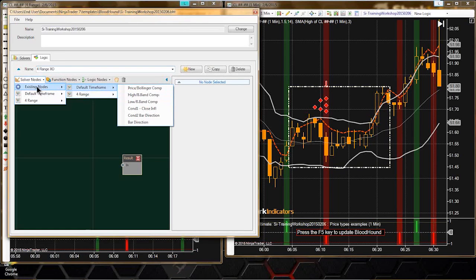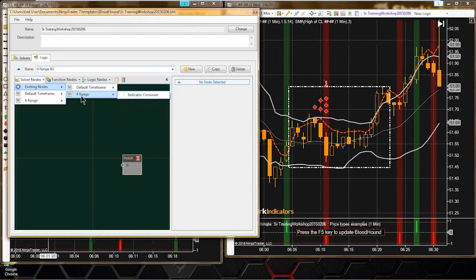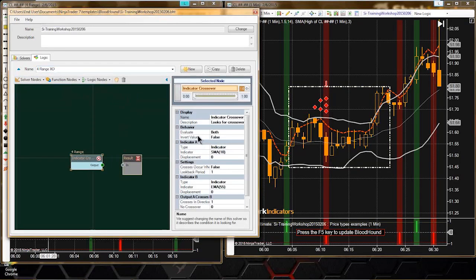Now when you look under existing nodes, you'll see that there are two different time frames. The default time frame is the time frame of the chart that BloodHound's on, which is our 1 minute chart time frame. And so we now have this 4 range. Let's add this crossover here. Let's name this. Okay, let's plug that in. Alright, so that's all built.